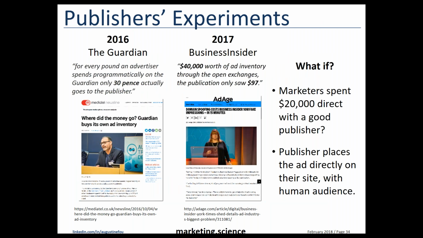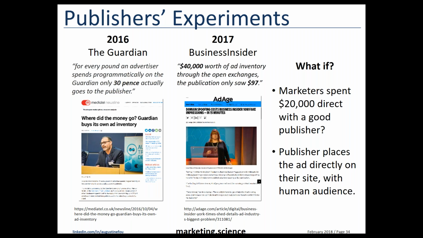All right. And the publishers are also starting to run their own experiments. This reinforces a slide I showed earlier: when publishers ran their own experiments and bought their own inventory on programmatic exchanges, you can see how little actually gets through to them. The Guardian ran that experiment in 2016, and for every pound they spent, they only got 30 pence back. And Business Insider ran this experiment with $40,000 of their own money.